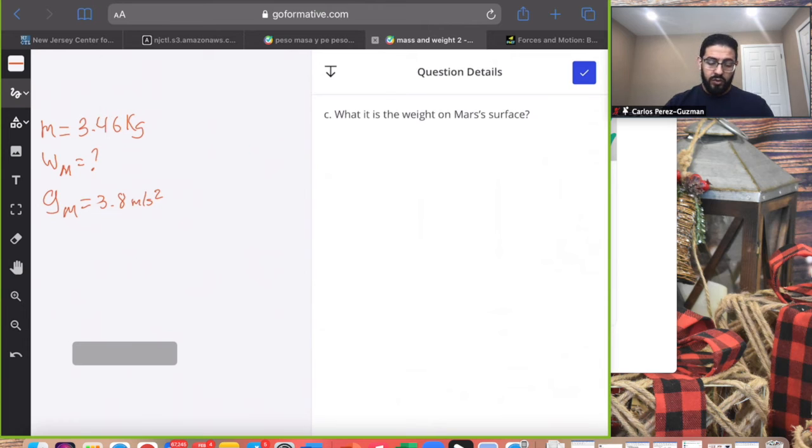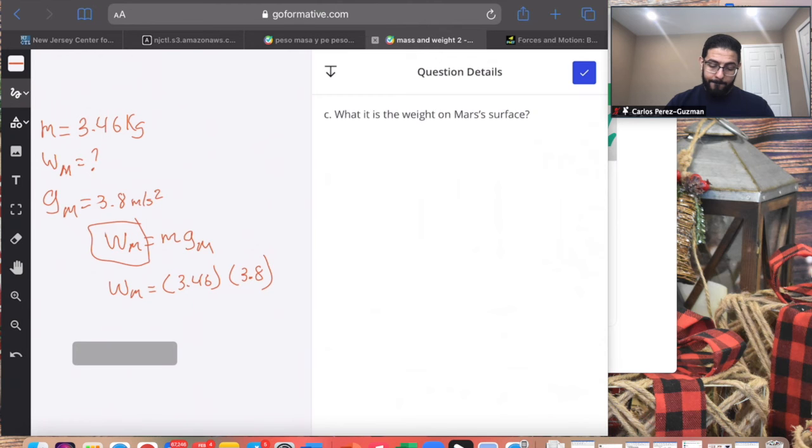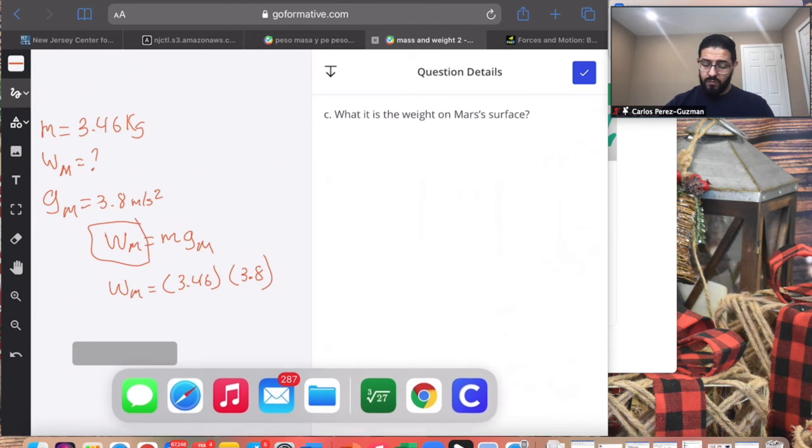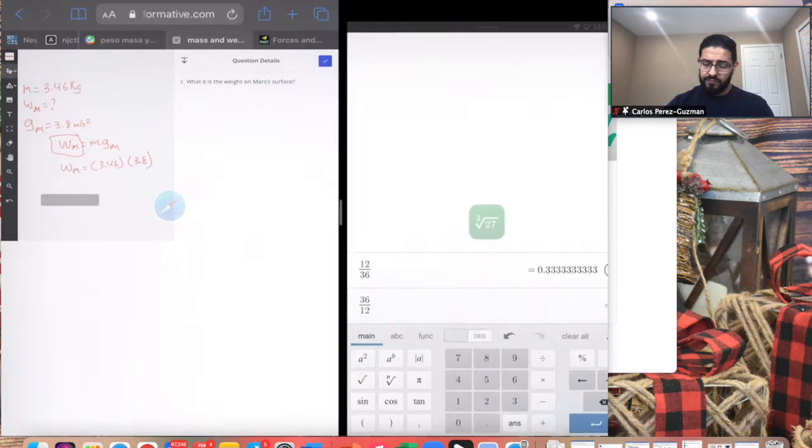If we want to know the weight, the letter that we want is alone. That means we only change letters by numbers. 3.46 multiplied by 3.8. That's it. We'll use the calculator.